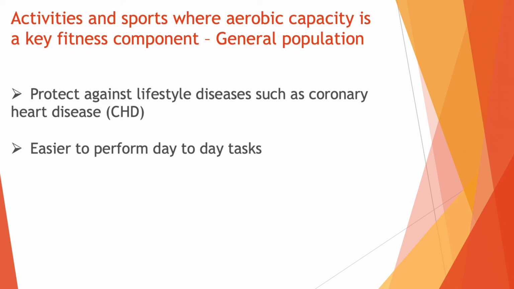It also makes everyday tasks easier to perform. For example, walking to the shops, or walking the dog, or climbing the stairs, or looking after young children. They all become easier when we have a higher aerobic capacity. So it would benefit anyone to work to improve their aerobic capacity, not just sports performers.